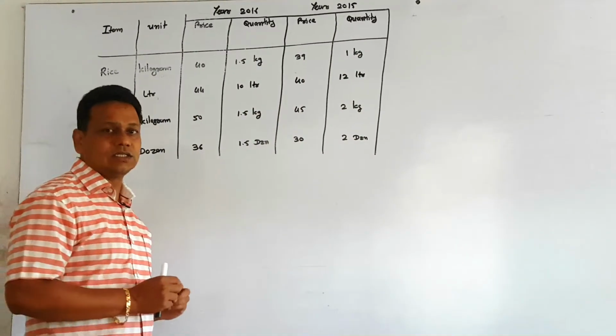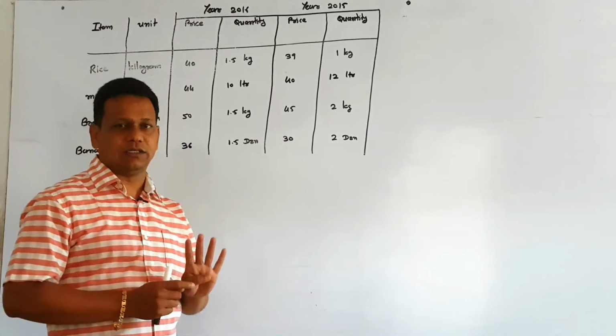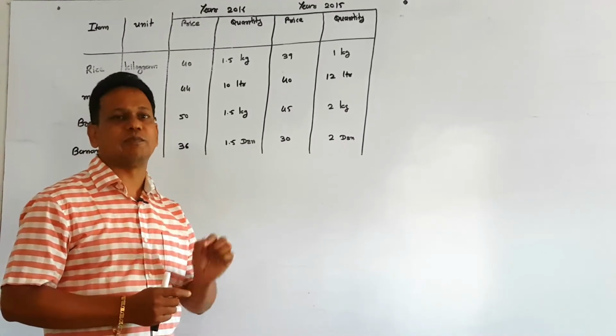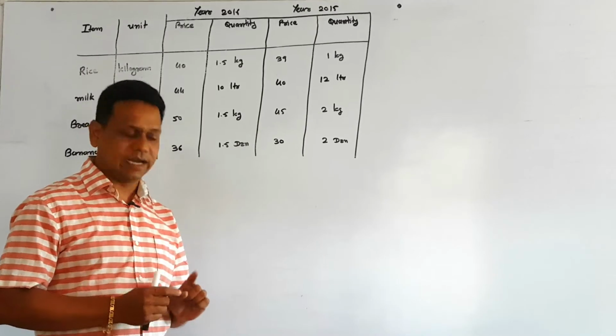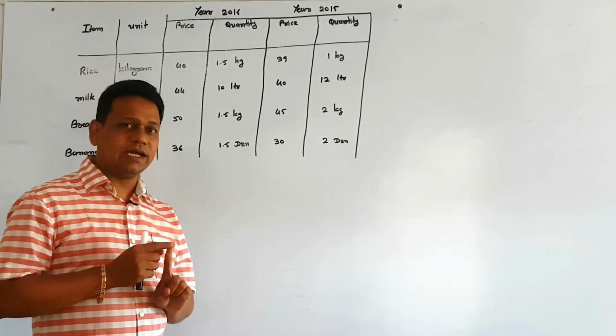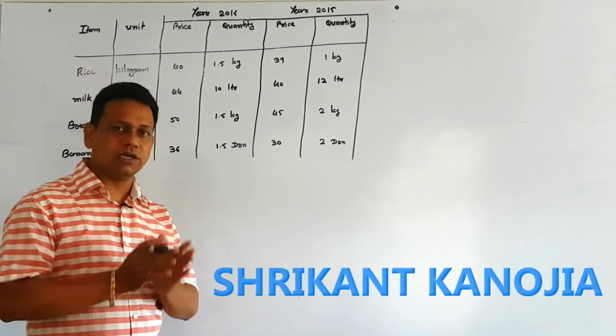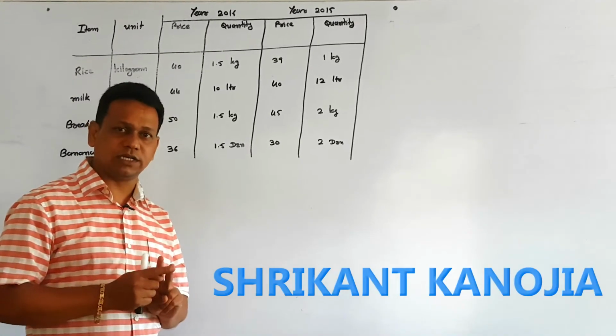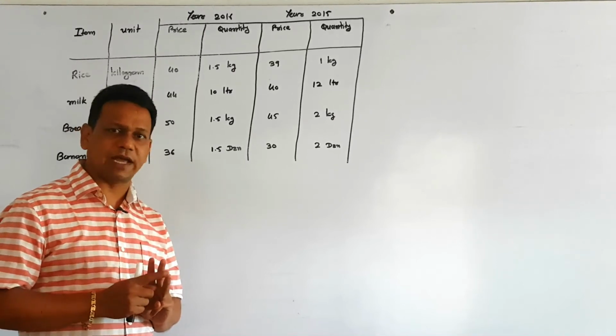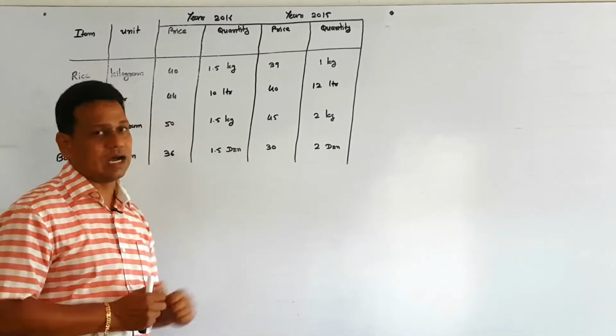We always need four things together to calculate Laspeyres, Paasche and Fisher's index number: the quantity and price of the base year as well as the current year. For the current year we need two things, price and quantity. For the base year we need two things, price and quantity. Here all things are available.